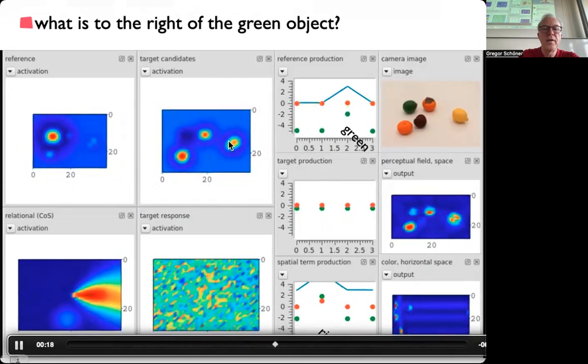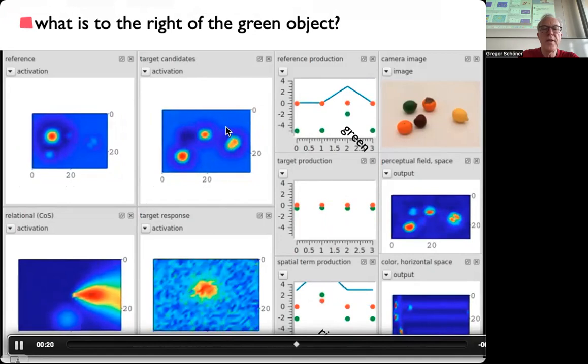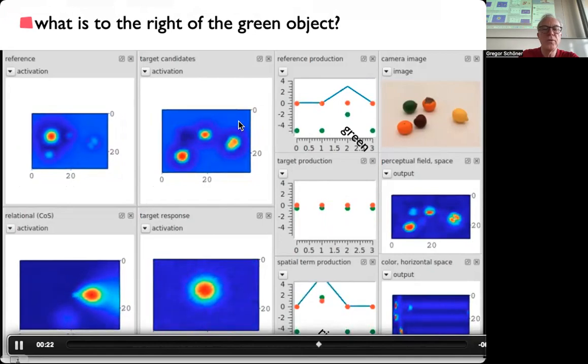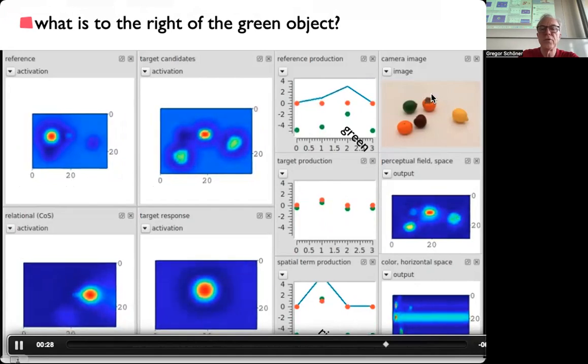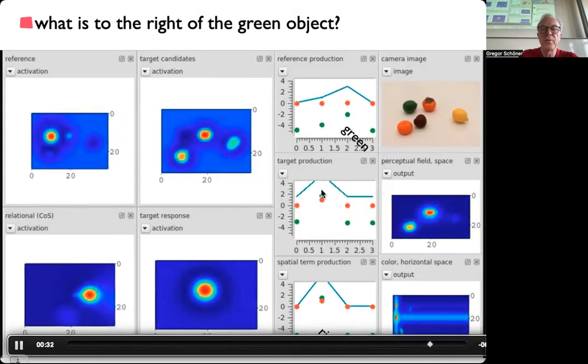So these are three possible objects, and together with that, I think it will select one of those, which is the target response, this one here. It selects this one, and then it actually reads out that this is a red thing here. So it answers the red thing is to the right of the green. Yeah.